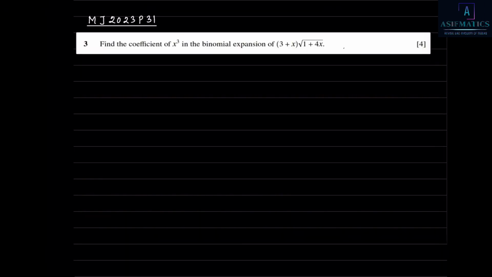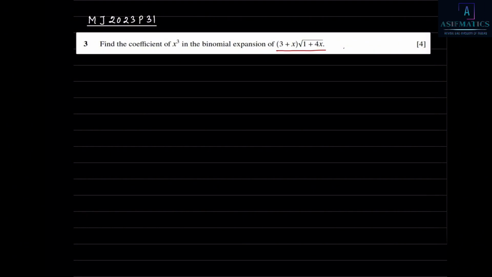So here in this problem, we can see that this is from May-June 2023, paper 31, and the problem is very straightforward. It says find the coefficient of x cube in the binomial expansion of 3 plus x root 1 plus 4x.